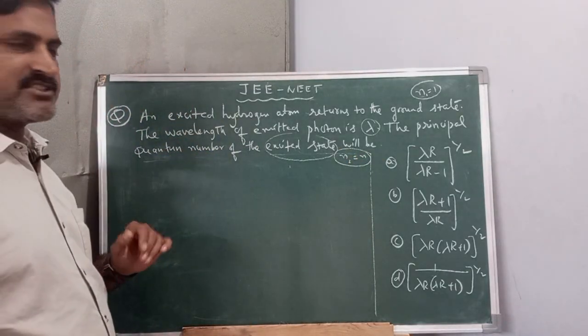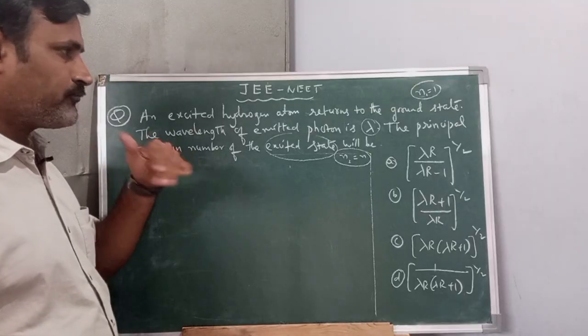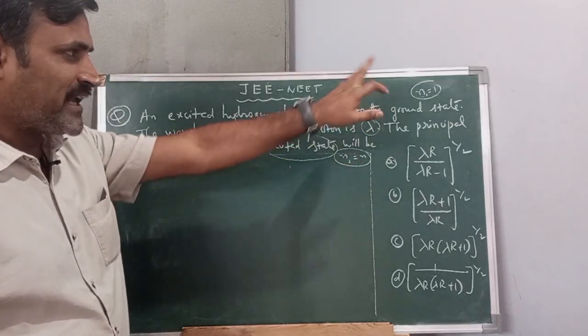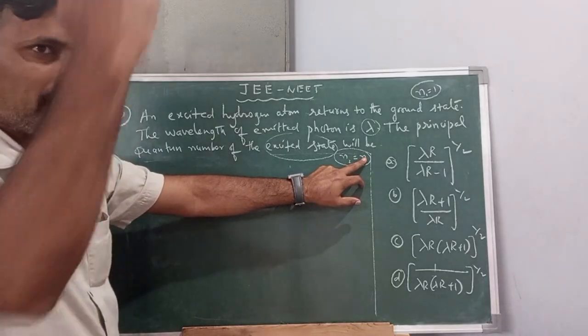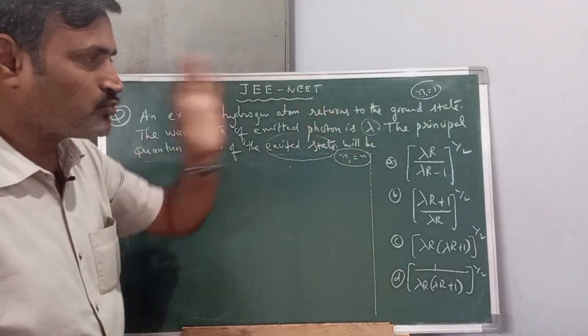In these two cases, the electron is coming from the n2 state to the n1 state, where n2, small n, is the higher principal quantum number level and the ground state is 1.